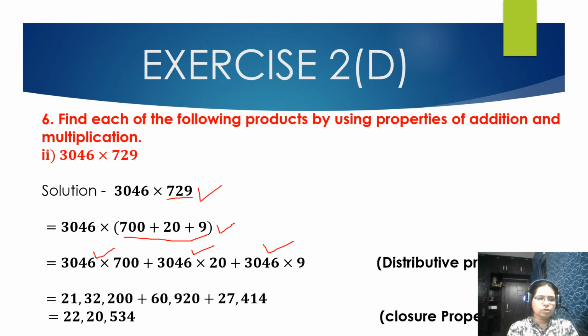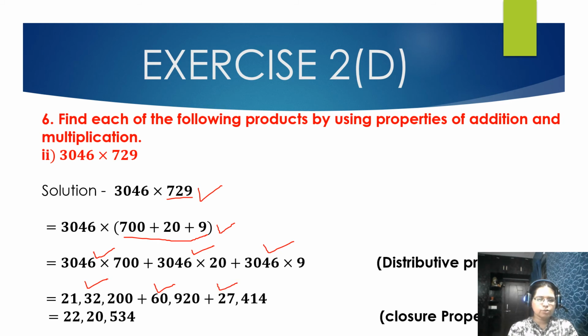Now 3046 multiplied by 700 we get 21,32,200, plus 3046 multiplied by 20 we get 60,920, and 3046 multiplied with 9 equal to 27,414.